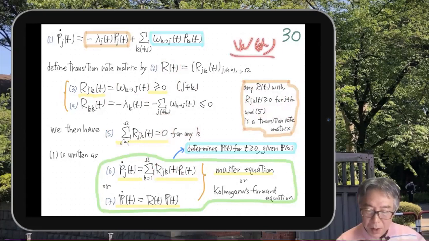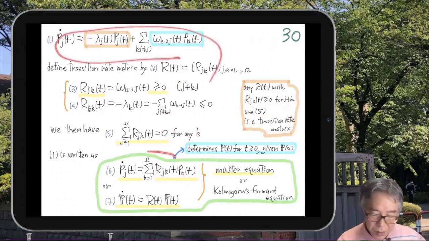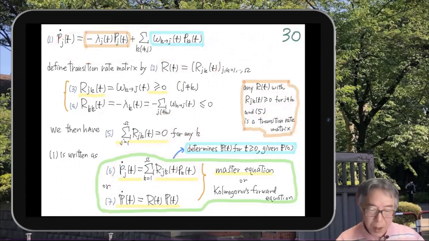But anyway, with this notation, the master equation is simply written in this form. This term and this term can be unified into this simple form, which is the product of a matrix and a vector. So the master equation is written in this very simple form. Of course, this is just a very simple ordinary differential equation written in terms of a vector and a matrix.